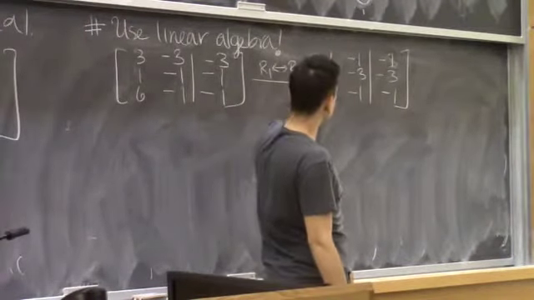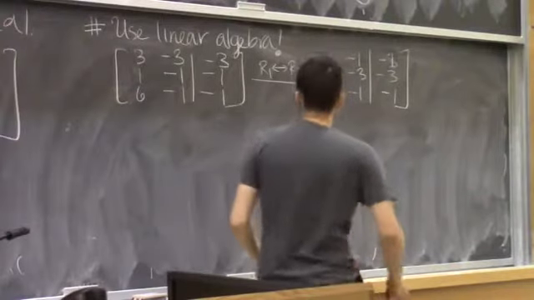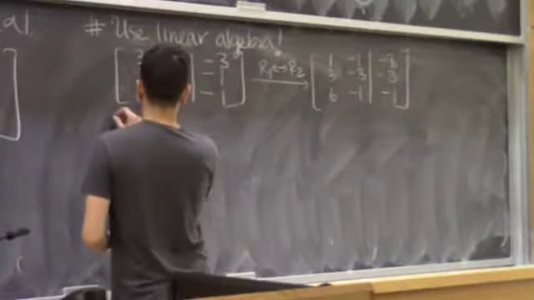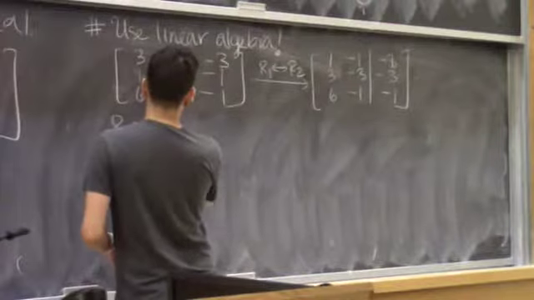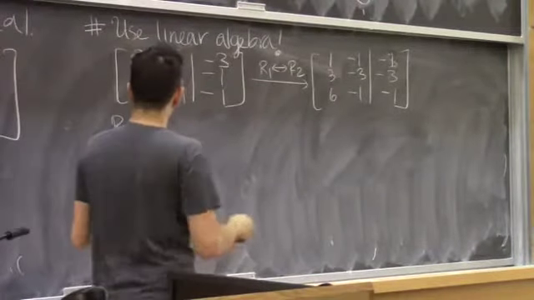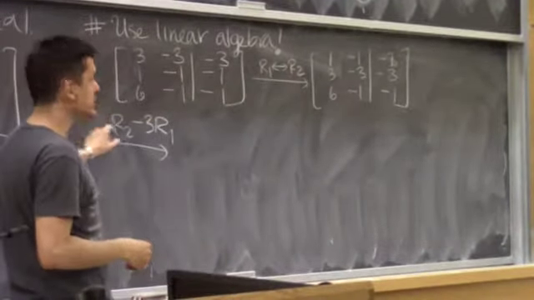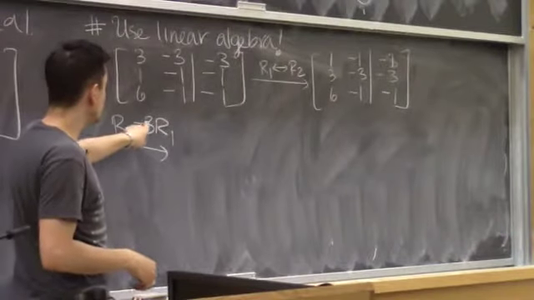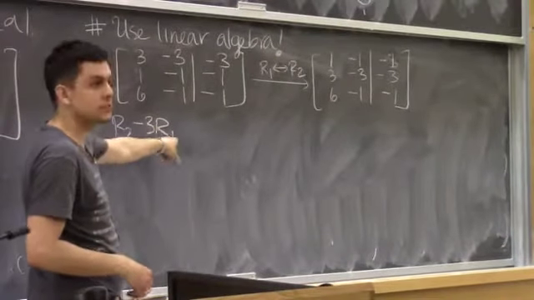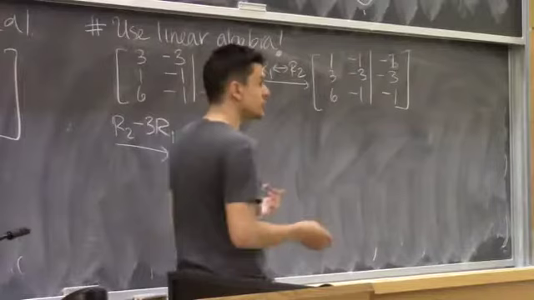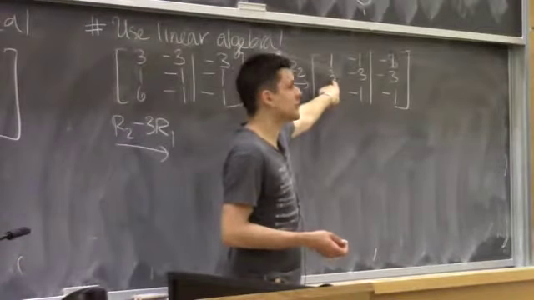Now we've got a 1 here, and that's a good place to have a 1 because now we can subtract it from these rows and clear some stuff up. When I write something like this, I mean row 2 minus 3 copies of row 1. Why do I choose 3? Because I want to get rid of this 3 here.